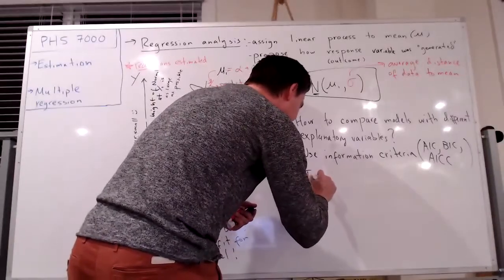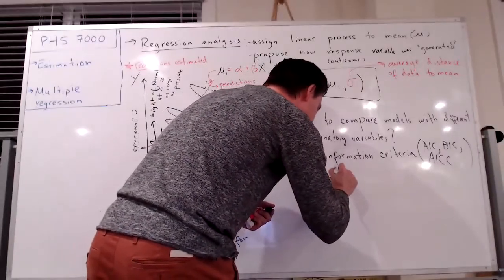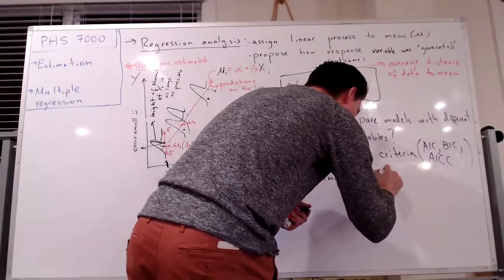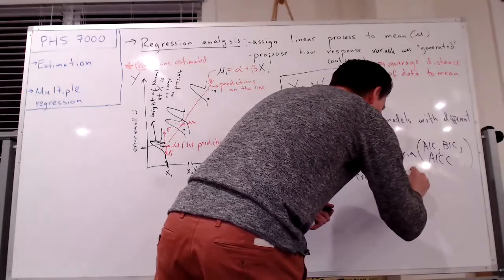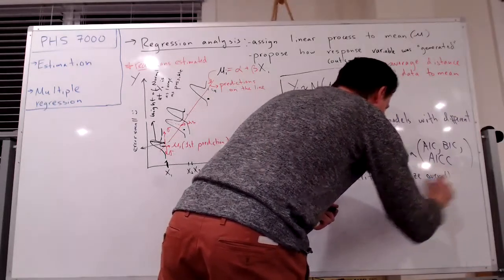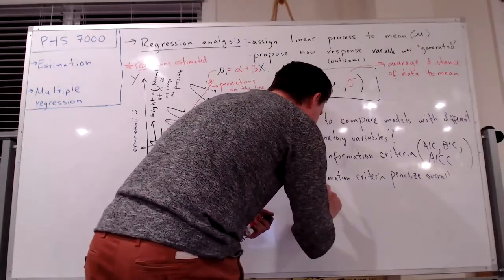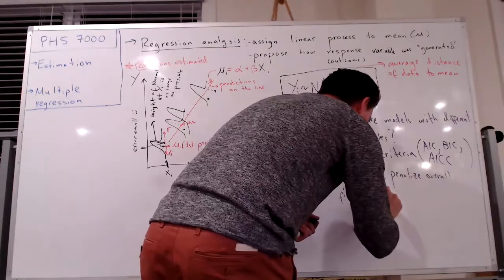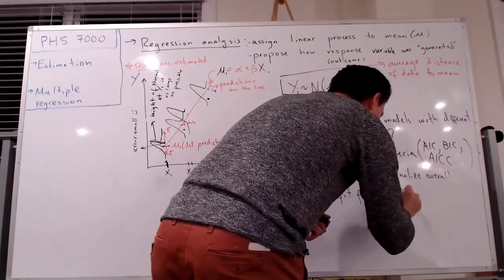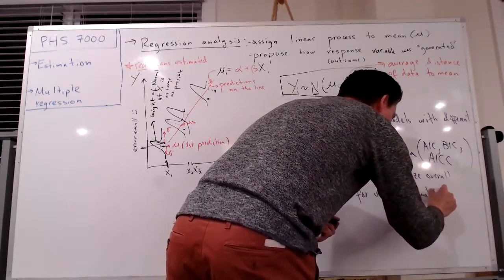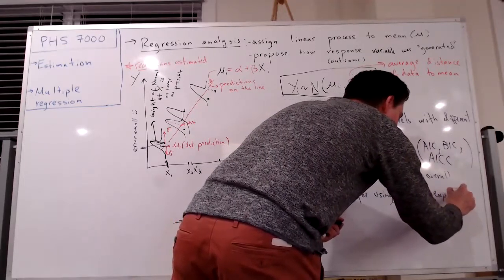Our information criteria penalize the overall model fit for using additional explanatory variables.